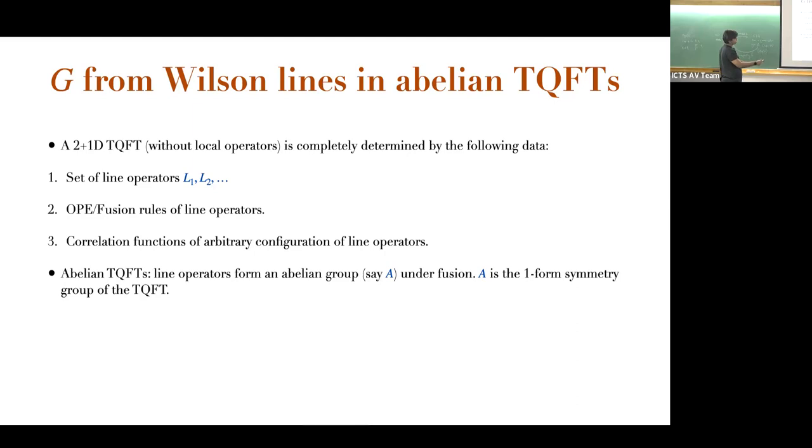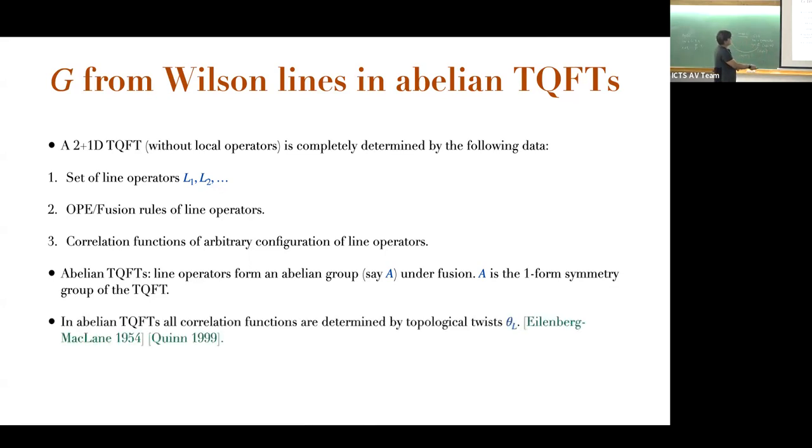In general, as we saw, the fusion rules are not a group, they form a ring. But suppose we assume that the fusion of line operators is a group, say some abelian group A. Such TQFTs we will call abelian TQFTs. The fusion is always abelian because we can always reorder the lines in 3 dimensions, so we just get an abelian group.